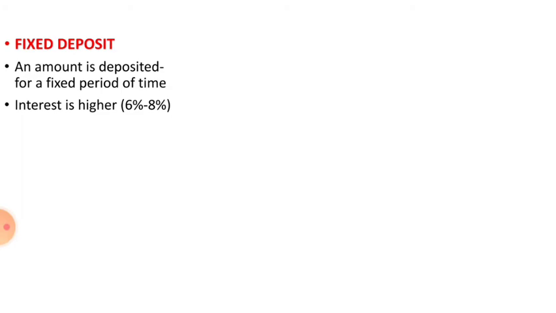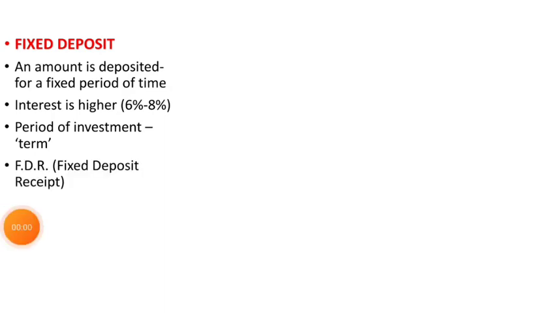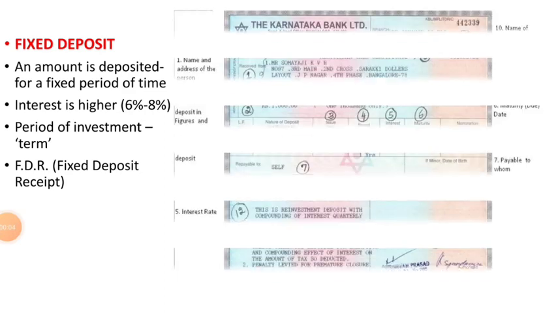In case of emergency, if the amount is withdrawn, the interest paid is lesser, as we agreed upon. The period of investment is called as term. No checkbook or passbook is given to the customer. Only FDR, that is fixed deposit receipt, is given to the customer.